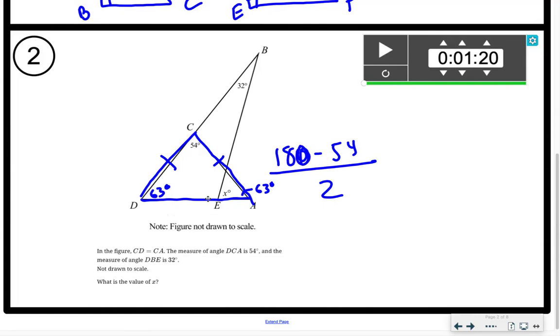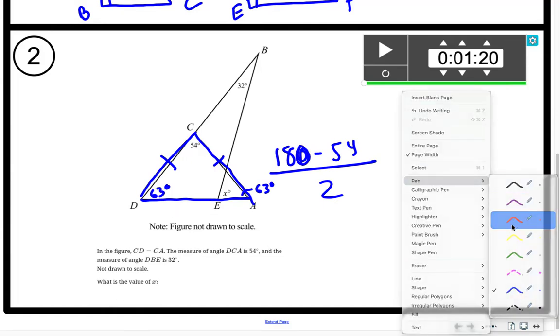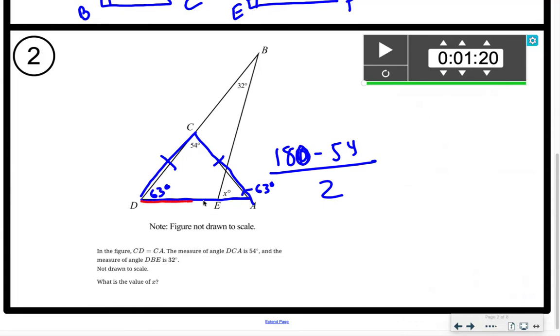Then what I'm going to do is notice, so let me change colors here so you can really see this. What I have is this triangle that I'm trying to outline in red. X is what's called an exterior angle on that. So I'm just going to use the exterior angle theorem to do the minimal amount of work.